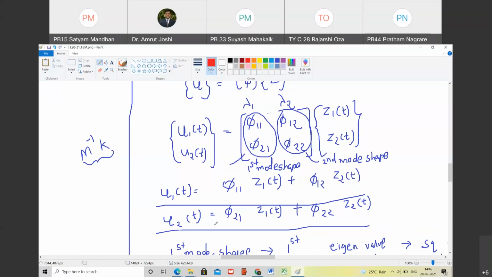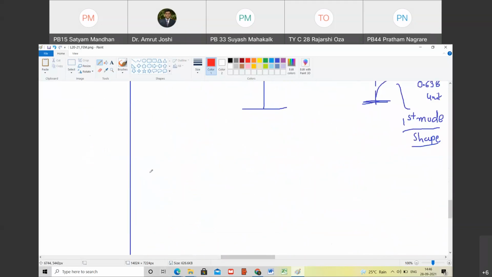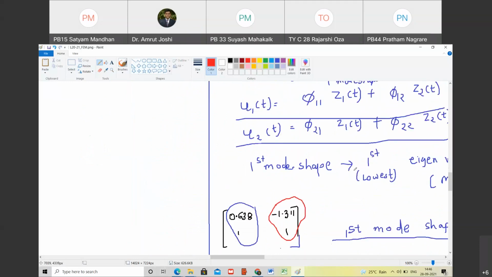So यहाँ तक हम आए. Now what we are going to do is we are going to substitute the values of 511, 512 and we are going to write down the expression for U1 of t. Are you with me? Yes, sir. So chalo, U1 of t is equal to, what is 511? 0.638.